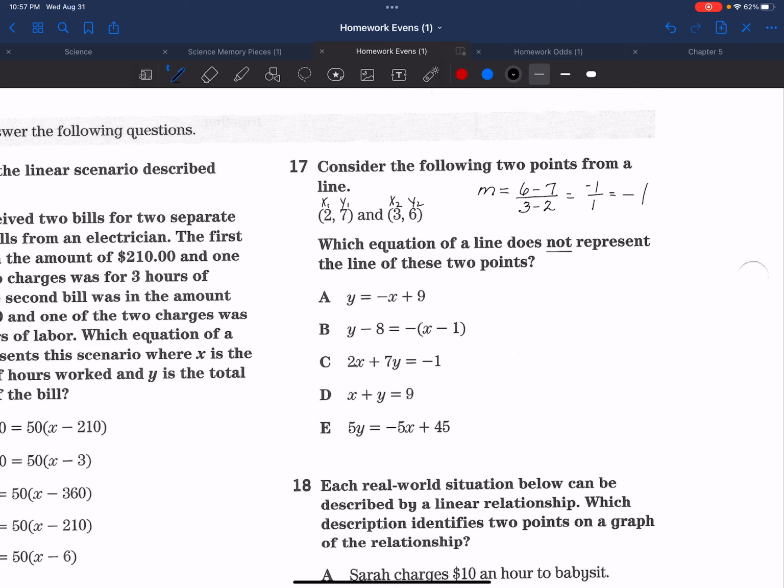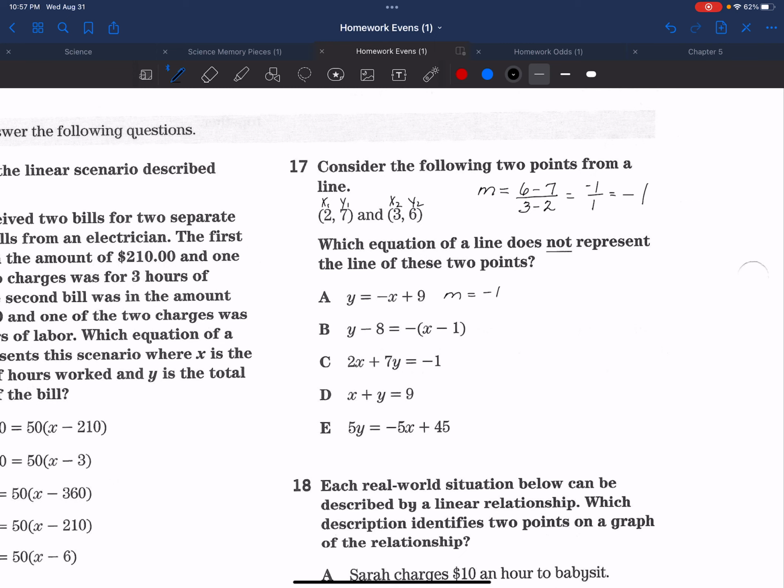C is a pain in the neck because it's in standard form. So is D. Let me think on this one. Do we need to go through solving all of that? It could be A, because that's in y-intercept form, and m equals negative 1.